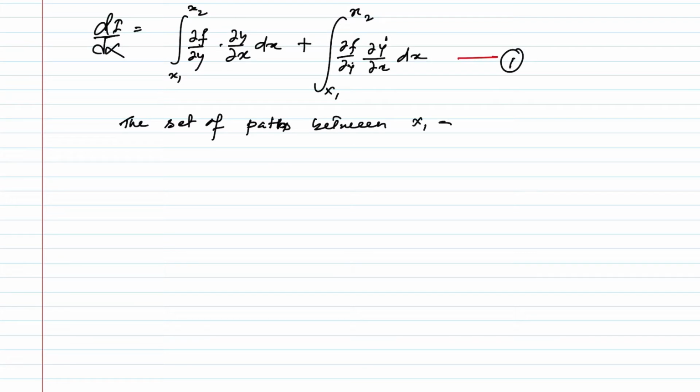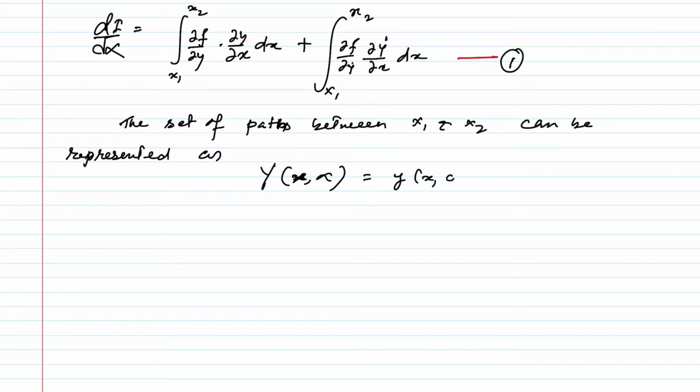The set of paths between x1 and x2 can be represented as y of x comma alpha is equal to small y of x comma 0, which is not a function of alpha, plus alpha eta of x.